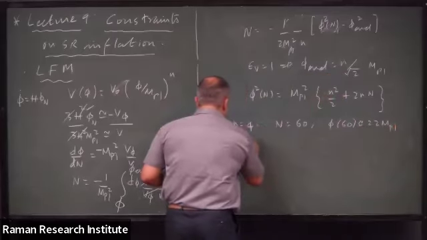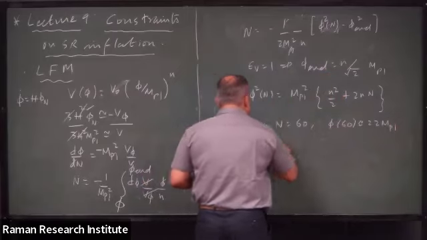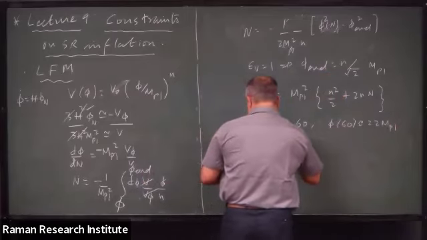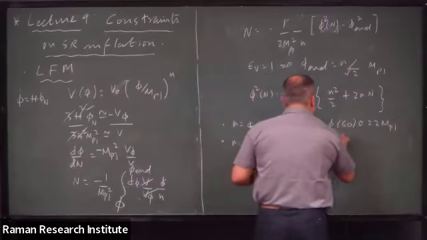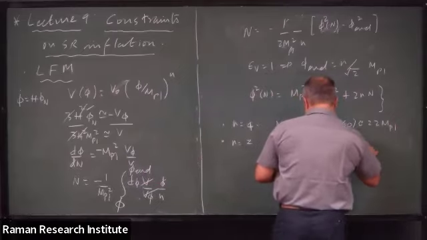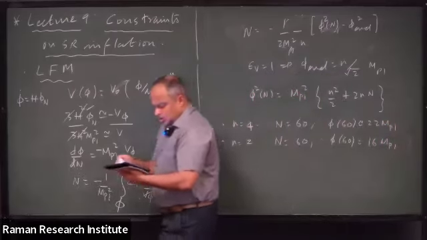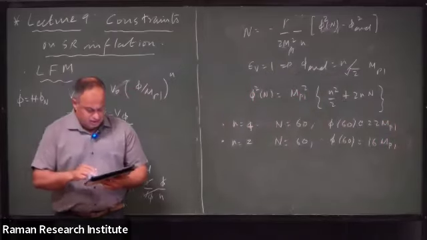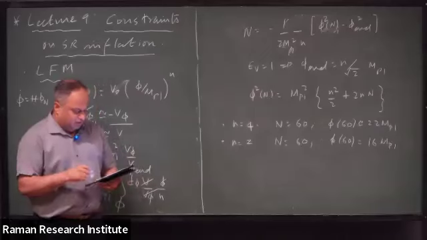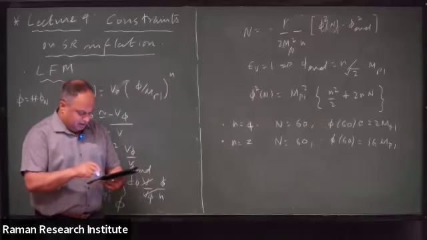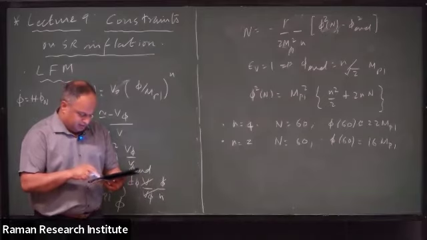For n equal to 2, and N equal to 60, you get something like phi at 60 to be like 16 mpl. Okay, now you need to calculate the value of epsilon_V and eta_V in these cases. Okay, where is that listed here? Just give me a minute.